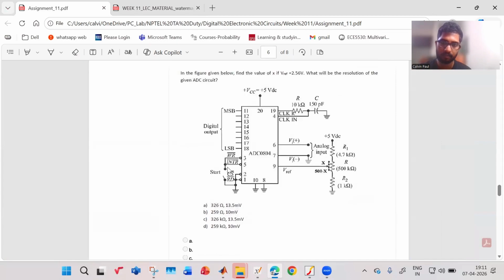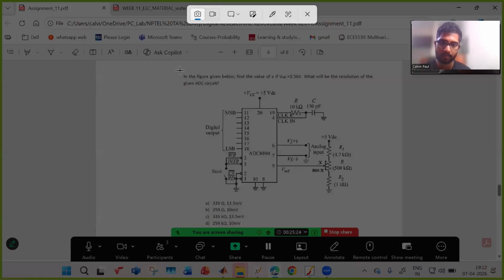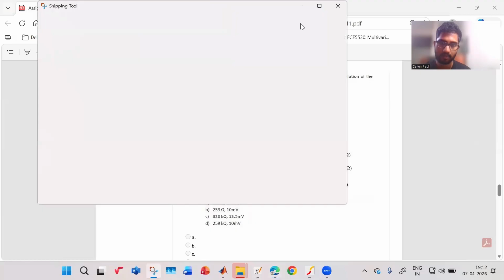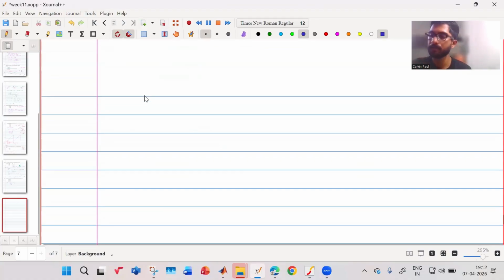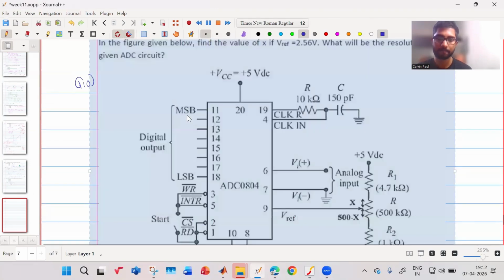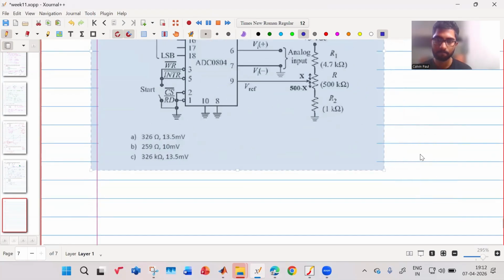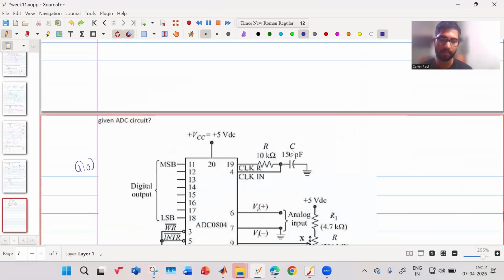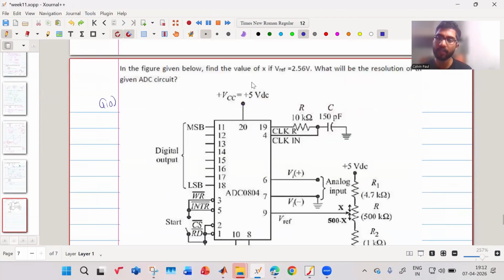So let's check it. You have to find the value of x.